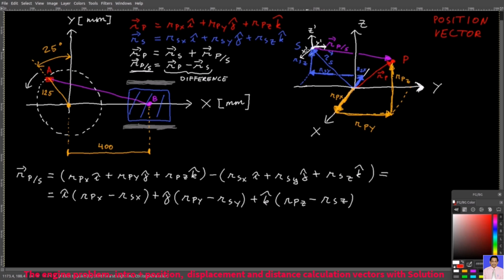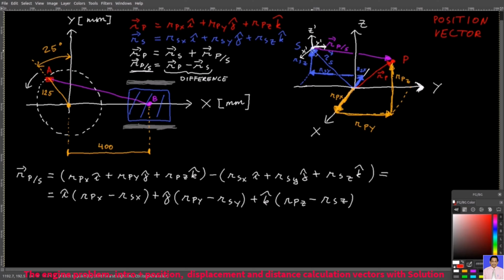Note that x apostrophe is parallel to x, y apostrophe is parallel to y, and z apostrophe is parallel to z. You haven't rotated this new frame with respect to the old one in any way. You have simply shifted the coordinate frame in such a way that the origin of it is now where the point S is. And from that new origin, I draw my displacement vector, r p slash s.